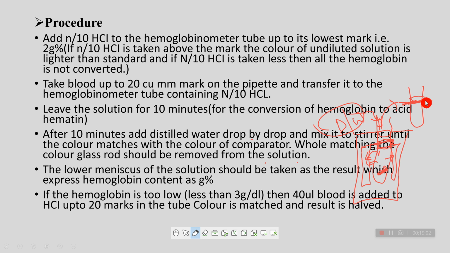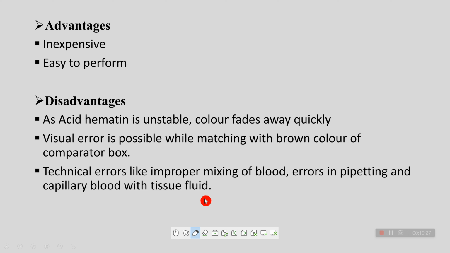For example, if the reading here is 12, we assess that the blood sample has a hemoglobin concentration of 12 gram per deciliter. Alright, so this is the procedure of hemoglobin determination by Sahli's method.